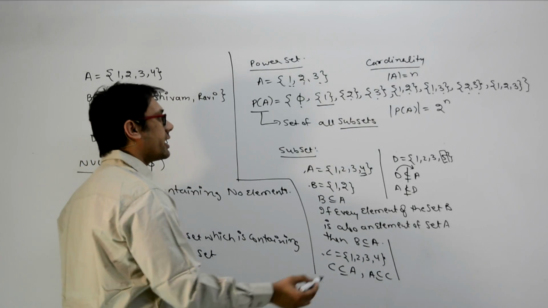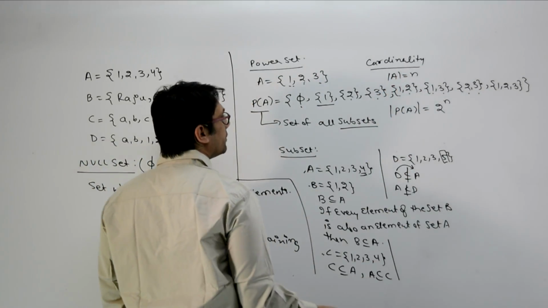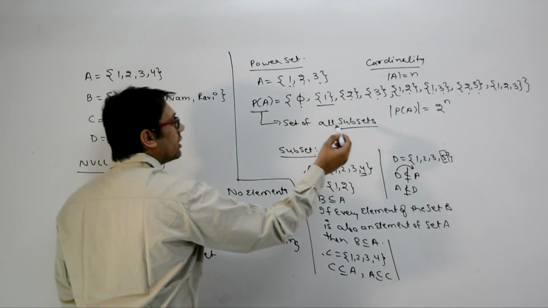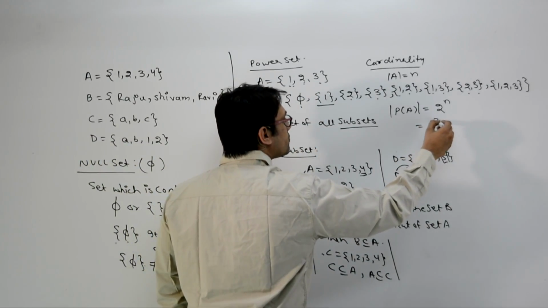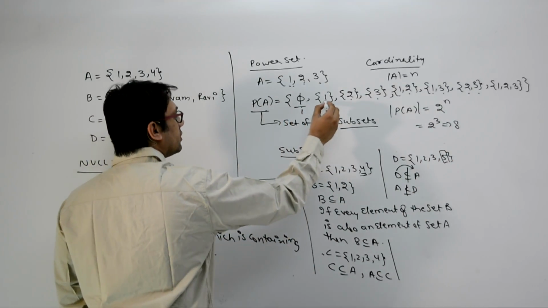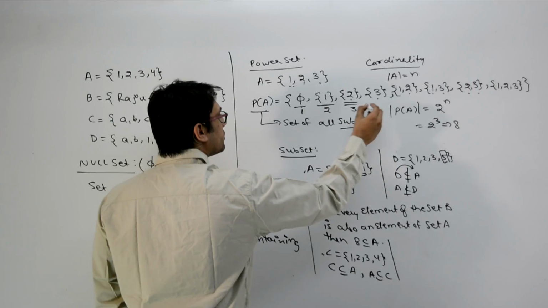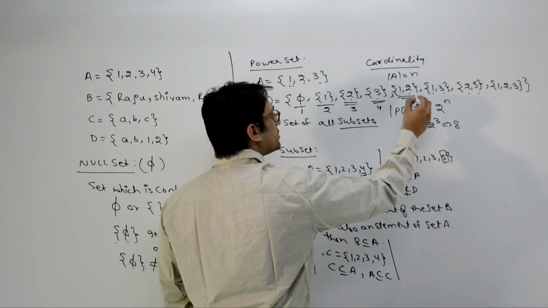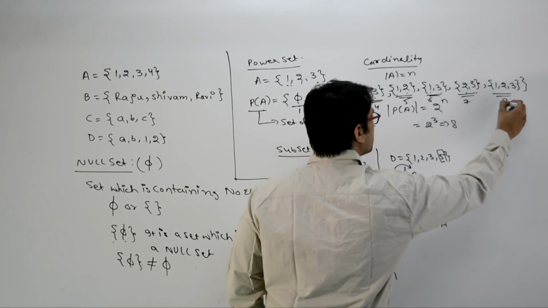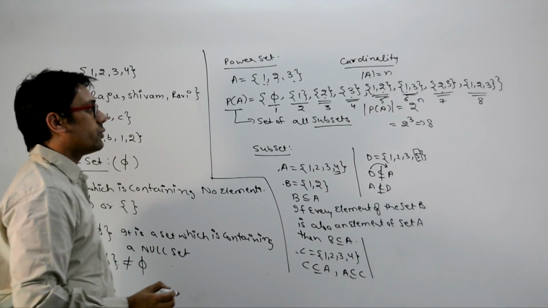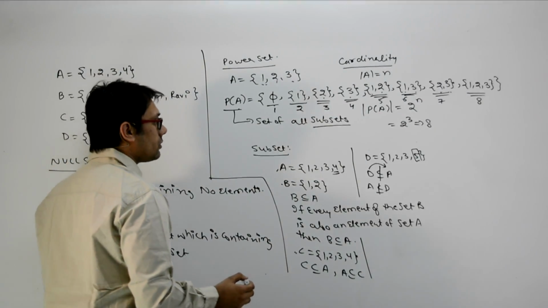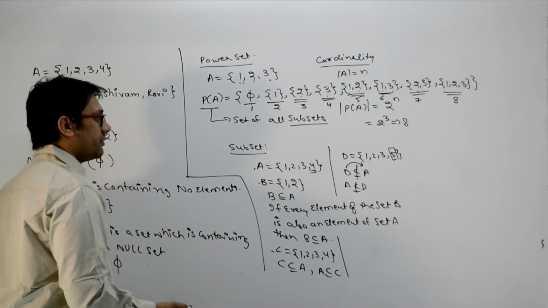If I am saying the set A is containing 3 elements, then the power set of A is going to contain 2 raised to power 3, that means 8 elements. So how many elements are there? This is 1, this is 2, this is 3, this is 4, this is 5, this is 6, this is 7, and this is 8. Therefore the power set of A is going to contain 2 raised to power 3, that is equal to 8 elements. Okay, I think this is a very simple and trivial definition.